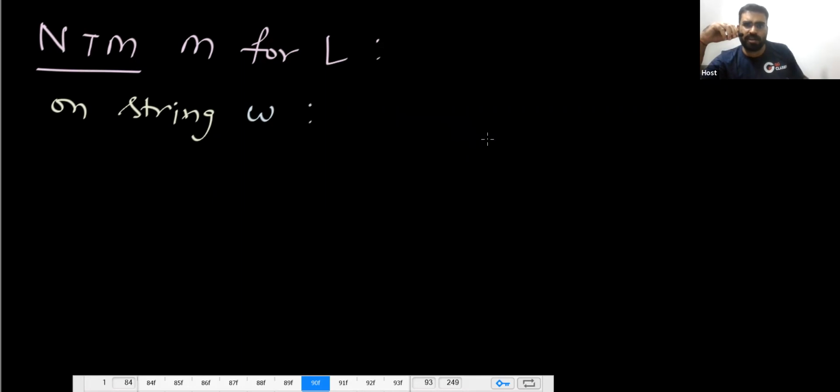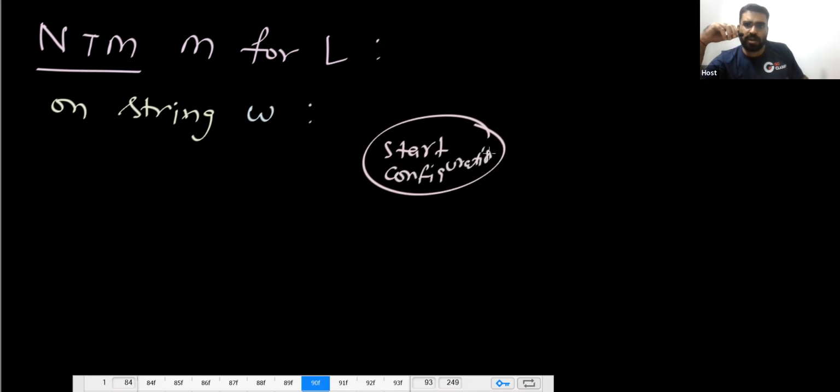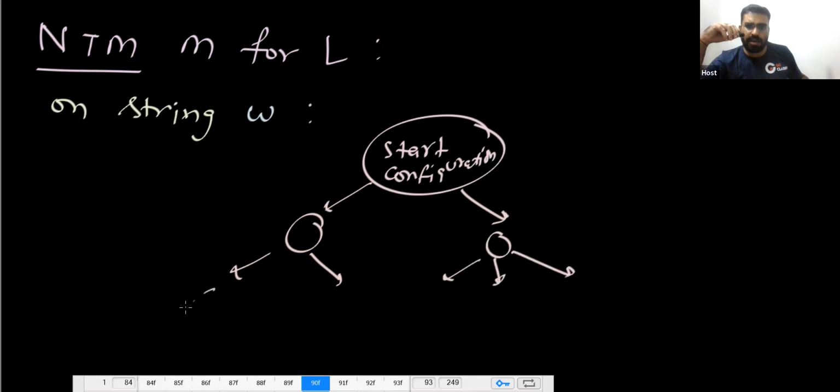From the start configuration, you can make many moves, and so on. Now some path can go on infinitely. Some path may never halt.